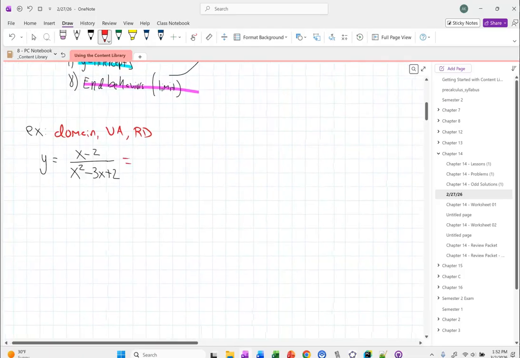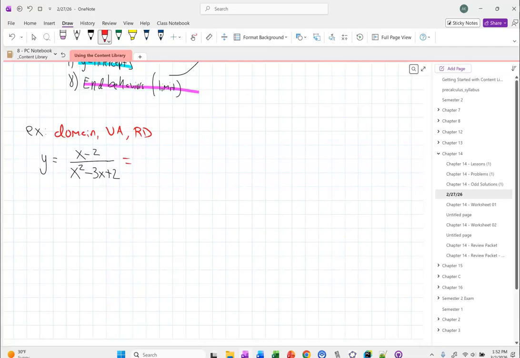So, can I factor x minus 2 any further? Why not? You can't.